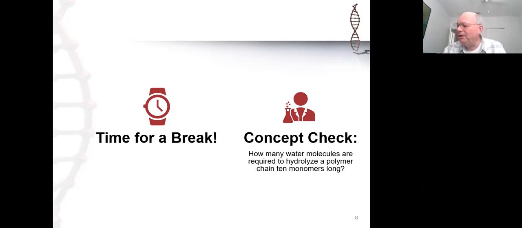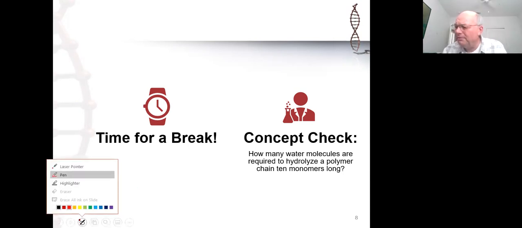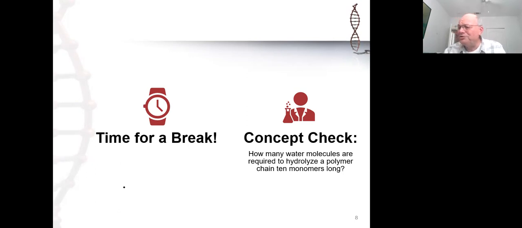So if we've got 10 monomers linked together, and let me turn the black back on, I'm just going to use numbers to represent the monomers. So 1, 2, 3, 4, 5, 6, 7, 8, 9, 10.